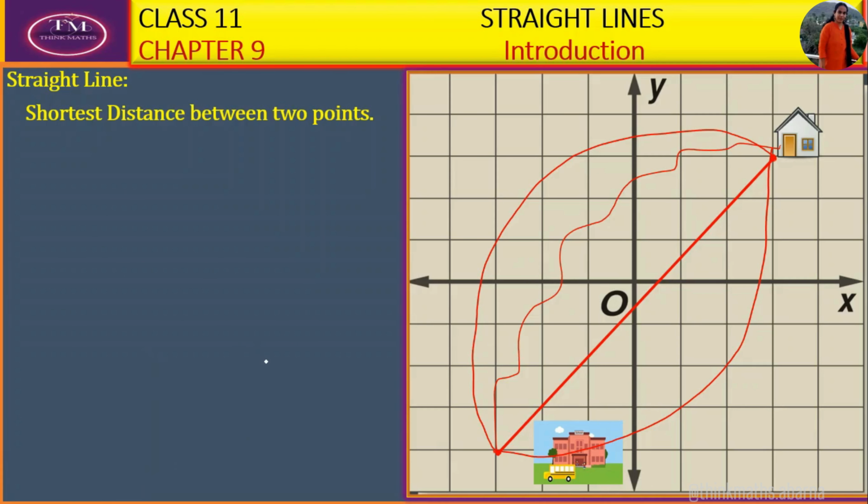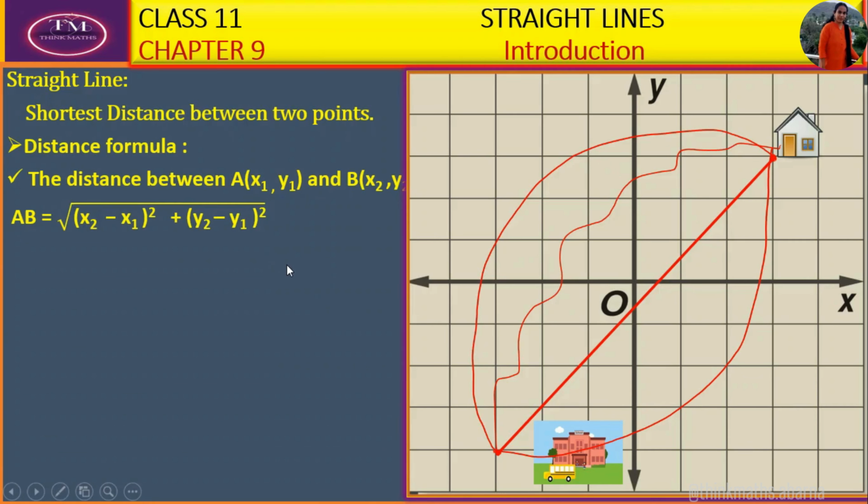Already in 10th standard, in the chapter coordinate geometry, we have learnt about the distance between 2 points. Those things will be revised now. At first we have the distance formula. What is the distance between these 2 points A and B?